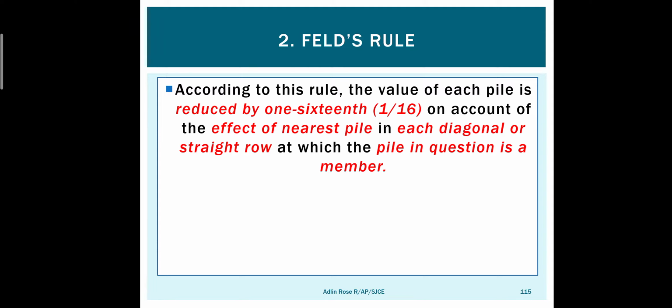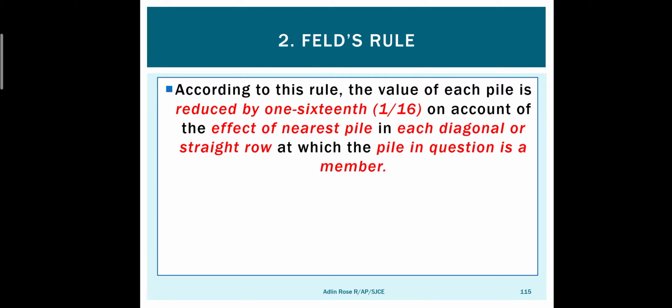Now we know if it is 9 piles, we can arrange it as 3 rows, 3 piles each, 3 by 3. If it is 4 piles, we can arrange it as 2 rows, 2 piles each, 2 by 2.